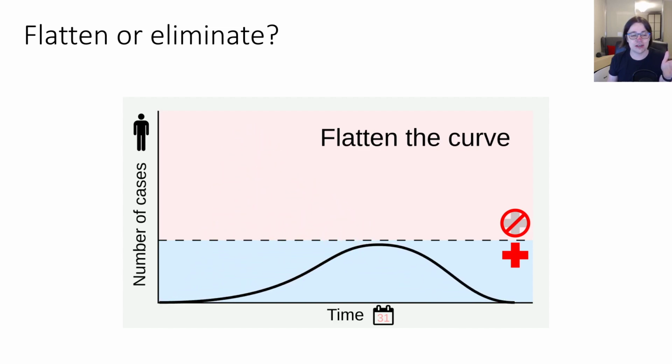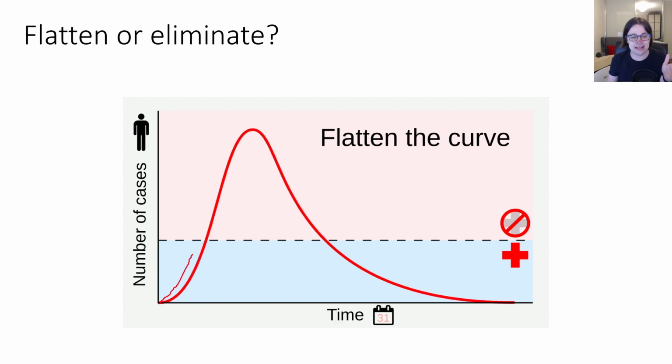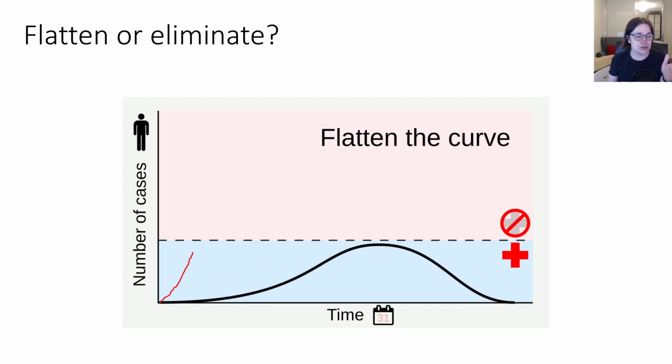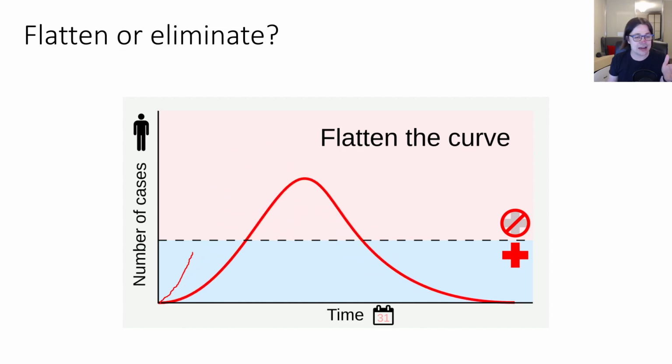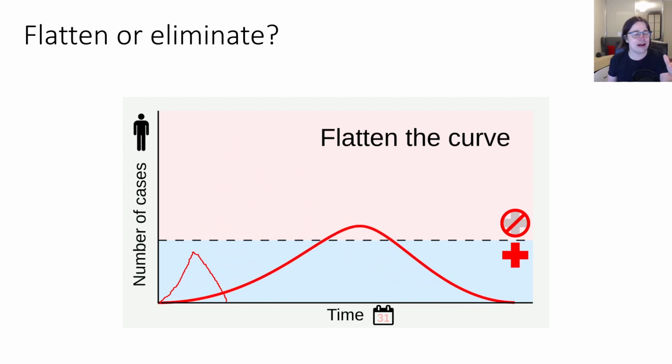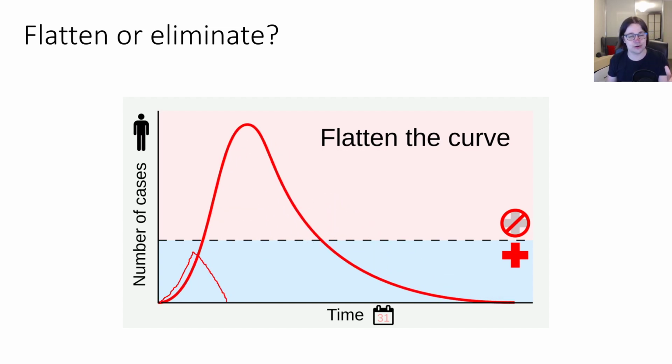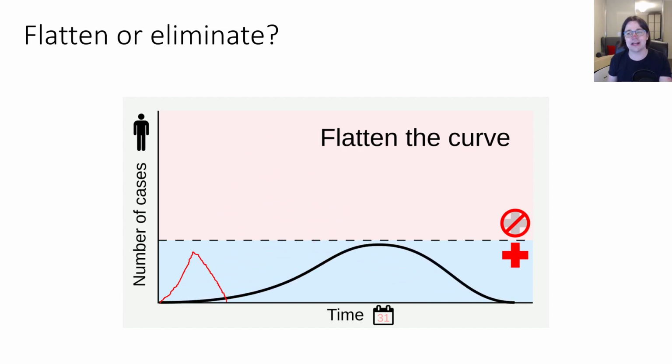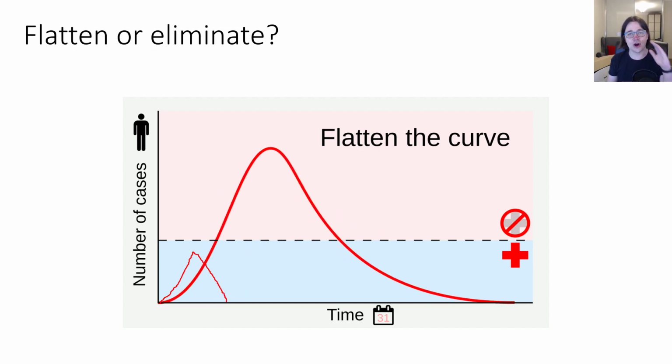So you have this short, sharp bit here, and then you get your intervention and it comes down like this. And the area under that graph is much smaller than flattening the curve. It is eliminating the curve. And it's a totally different concept.